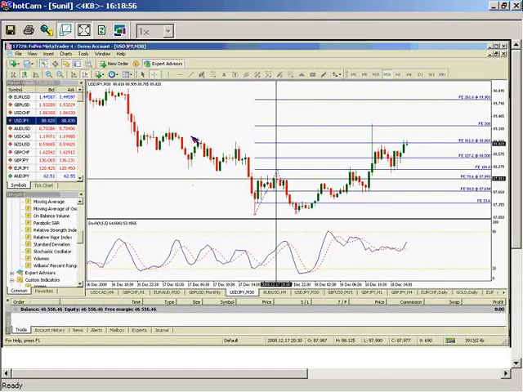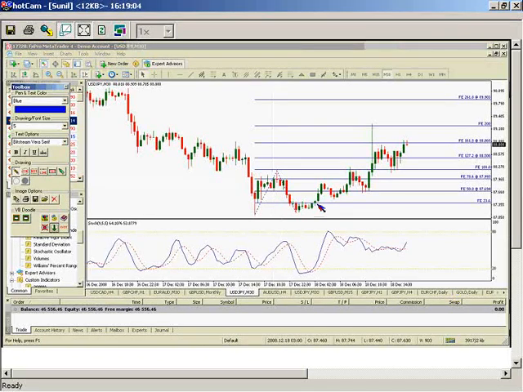Now let's have a look. This is exactly what you were saying, and this actually is precisely what I was saying. This is your 78.6 level. You see, you have identified your 1 2 3 pattern on this 30-minute time frame. A 30-minute bar has given you a close above the 78.